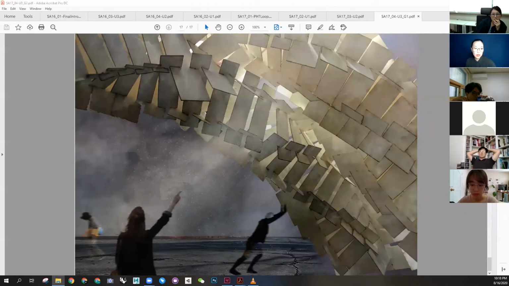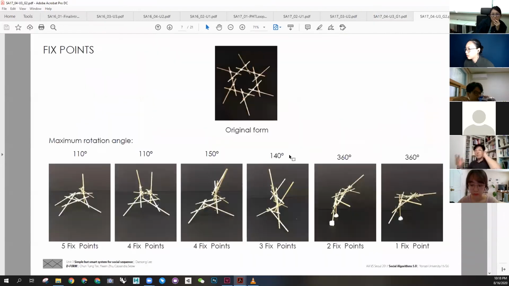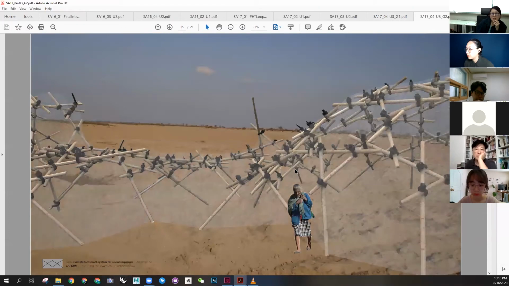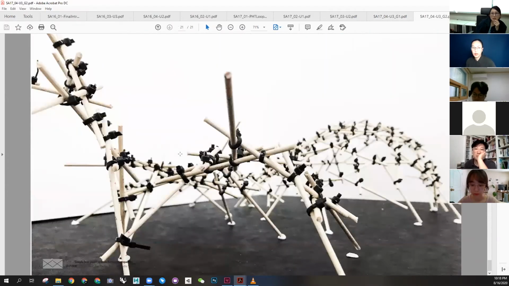So that was interesting. Here are a few more slides of different projects, which were also working on 3D models and proposing a structural element.